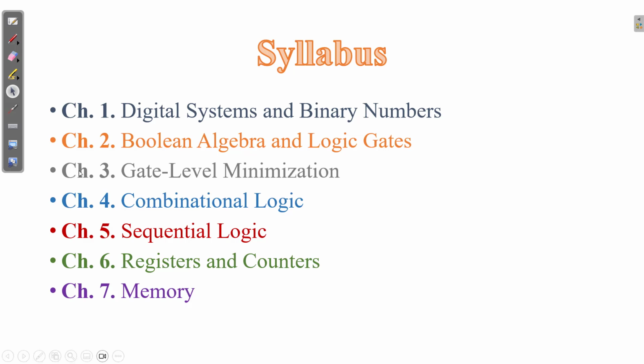In chapter 3 we will start to talk about gate level minimization. What is the meaning of gate level minimization? You know that all designers, when they want to design a circuit or a system, whether or not this system is a circuit, try to design the simplest one, because designing the simplest system will help us to work with this system better and better.